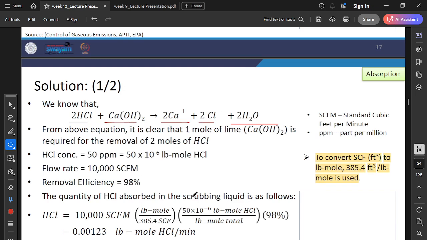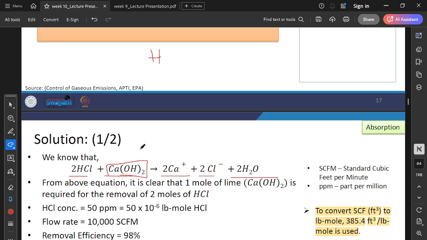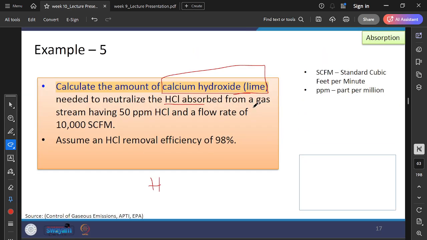So they are asking how much calcium hydroxide is required to neutralize the HCl absorbed from a gas stream having 50 ppm of HCl. Flow rate is 10,000 SCFM. If you multiply these two, you will get total HCl.